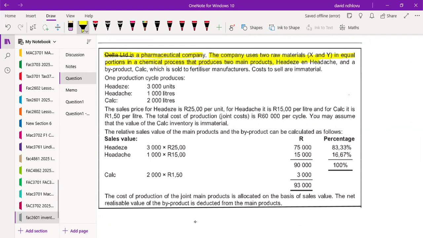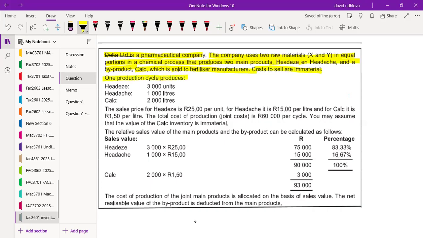Right, we have Head-Easy and Headache, and a byproduct. So there is a byproduct called Calc, which is sold to fertilizer manufacturers. Right, costs to sell are immaterial.